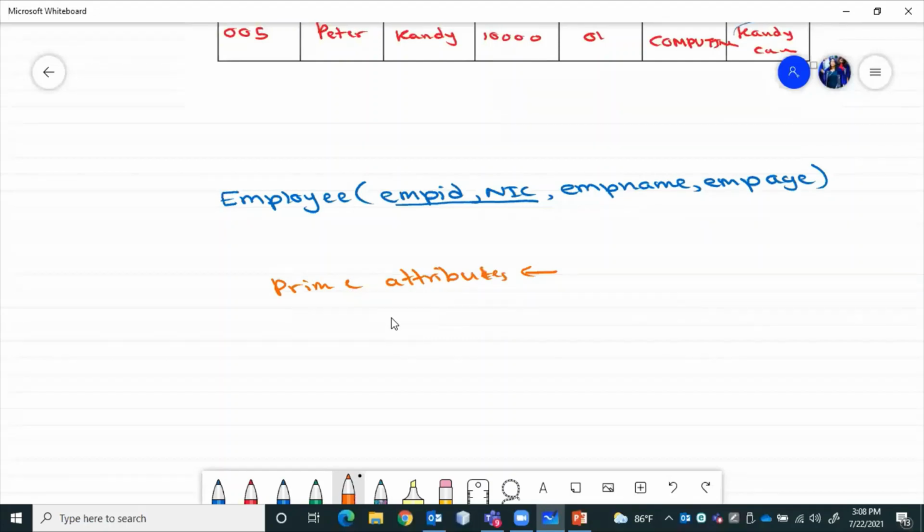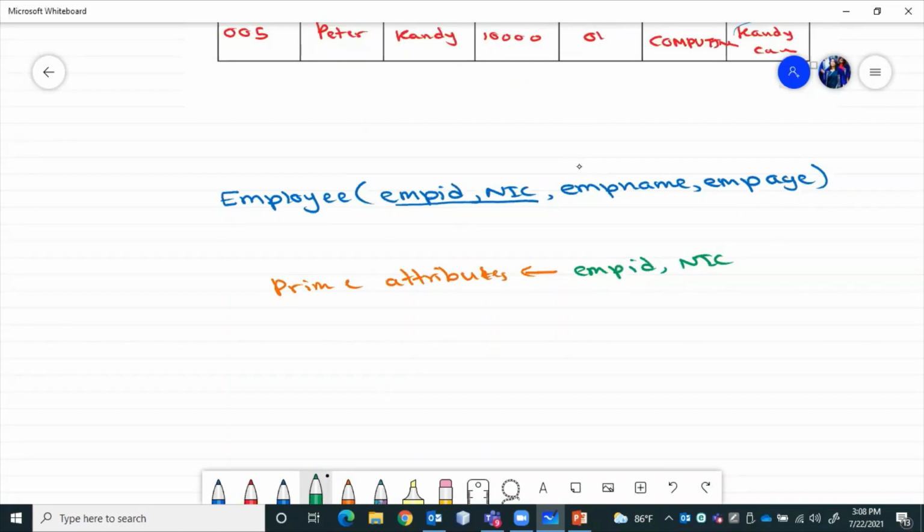Yes, we got an answer: EMPID and the NIC. Yes, good. So according to this example, we have two prime attributes, the EMPID and the NIC. These are participating in the primary key, and those are known as prime attributes.